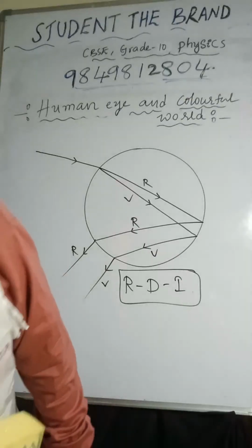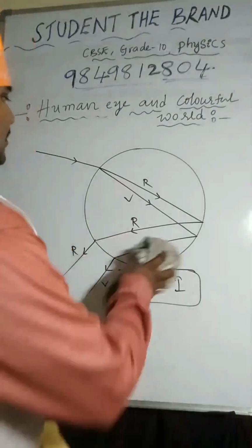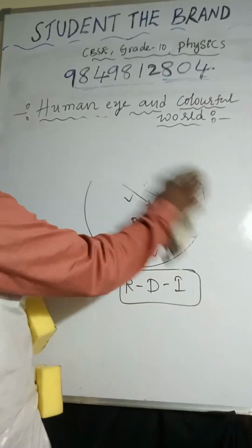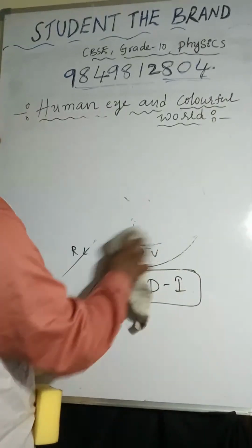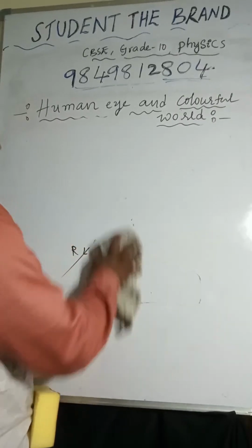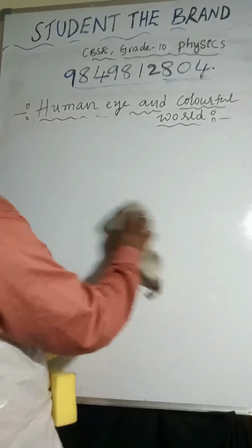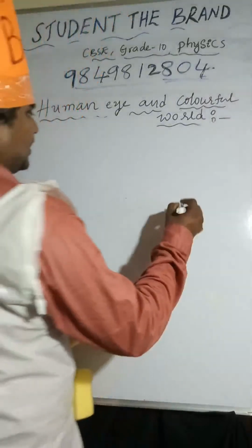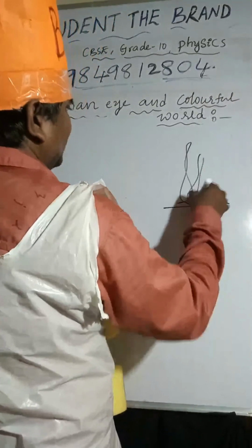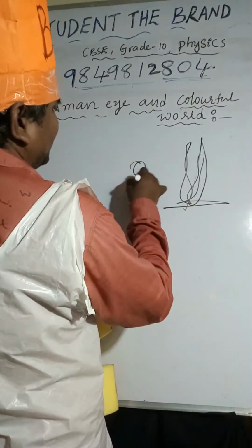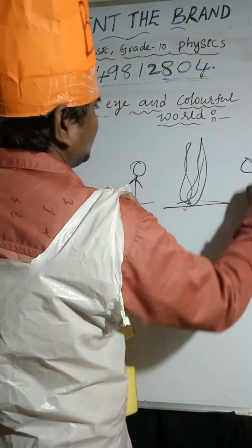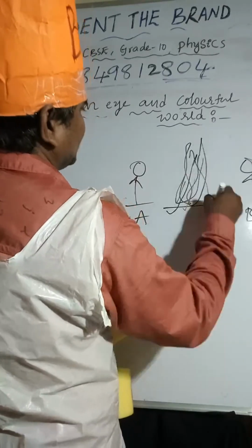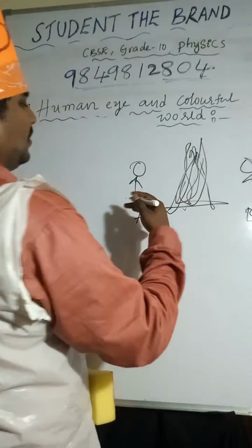The next one, we can see atmospheric refraction. Normally you can observe this. One person is here, another person is on the other side of the fire. Just for example, there is a fire like this and two friends are sitting like this, talking.